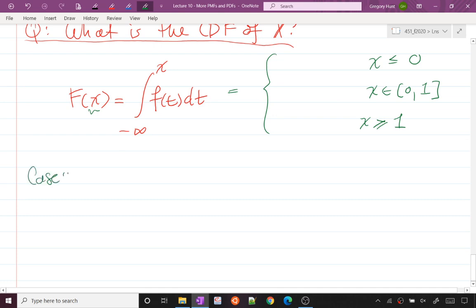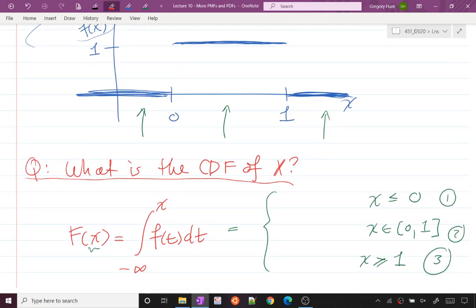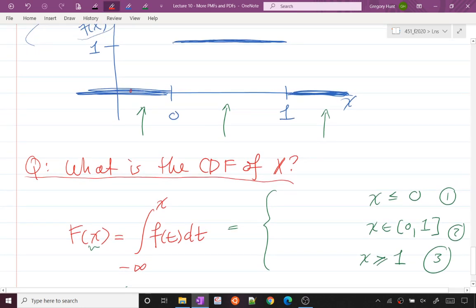So let's do that. In case 1, the integral from negative infinity to x of f of t dt, where this is case 1, this is case 2, and this is case 3, if x is less than 0. Going back up to the graph, if x is less than 0, we're integrating the function all the way from negative infinity up to this point.